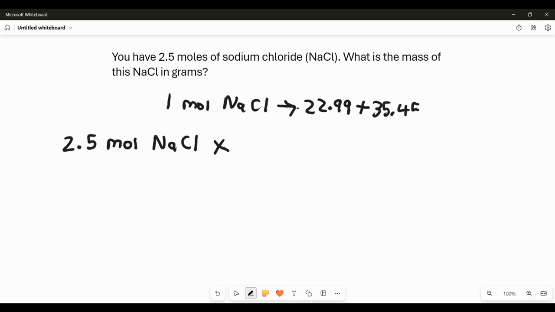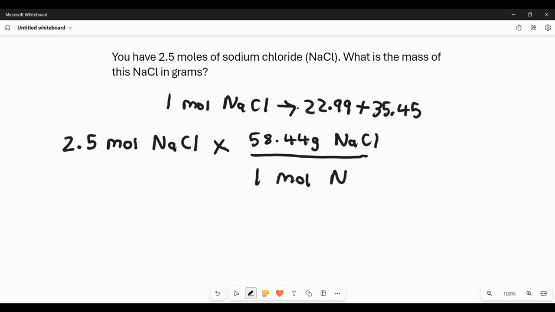I'm going to use a calculator here, but if you add them up, that will be 58.44. So we have 58.44 grams of sodium chloride for 1 mole of sodium chloride.